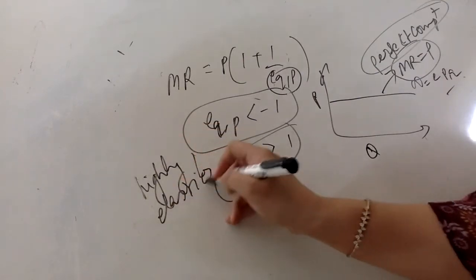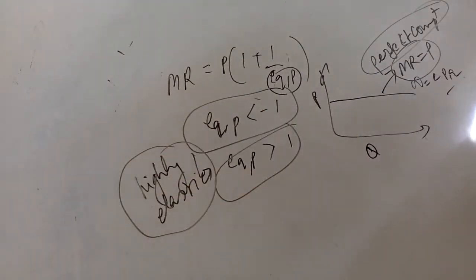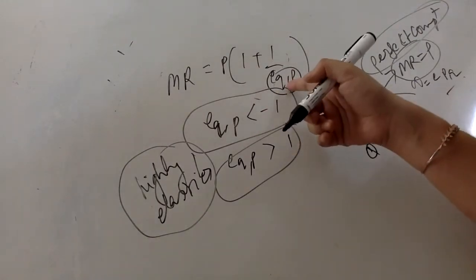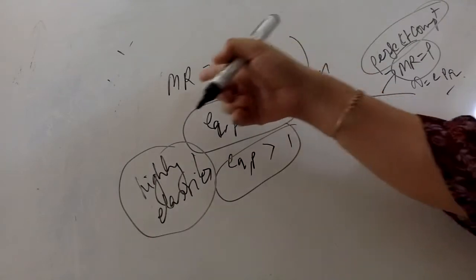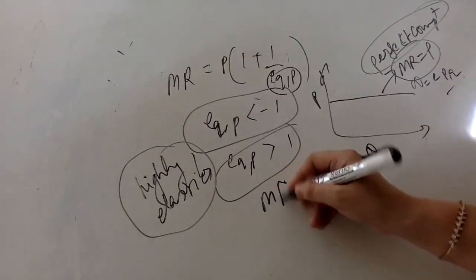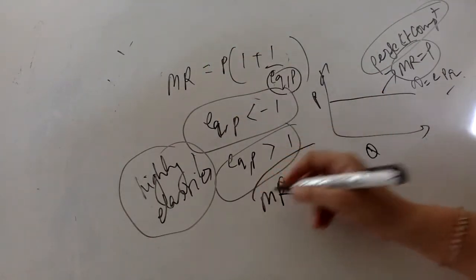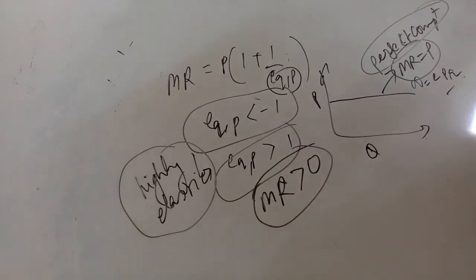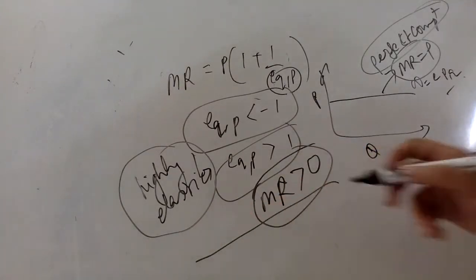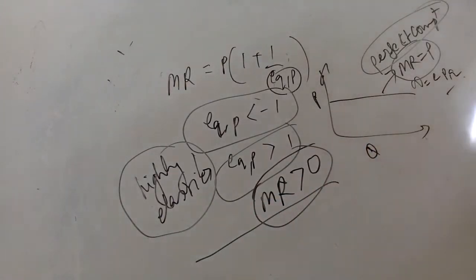In that case, what will be the value of my MR? Just think about it. If I put a minus 2 here, for example, then MR is going to be a positive number. So remember this: if we are on a demand curve which is highly elastic in nature, MR will be a positive number.